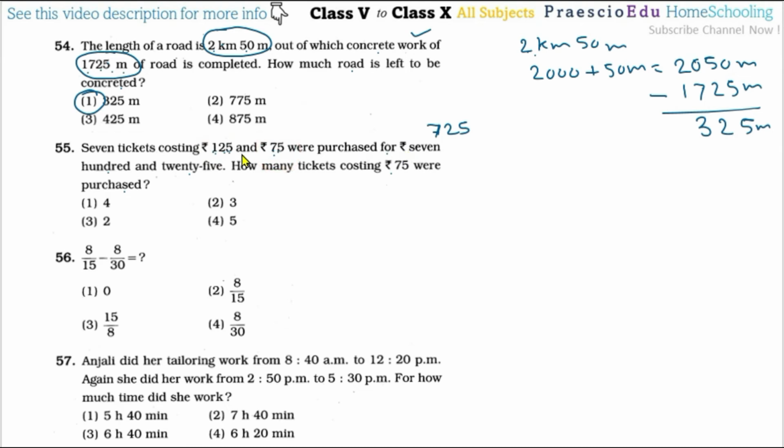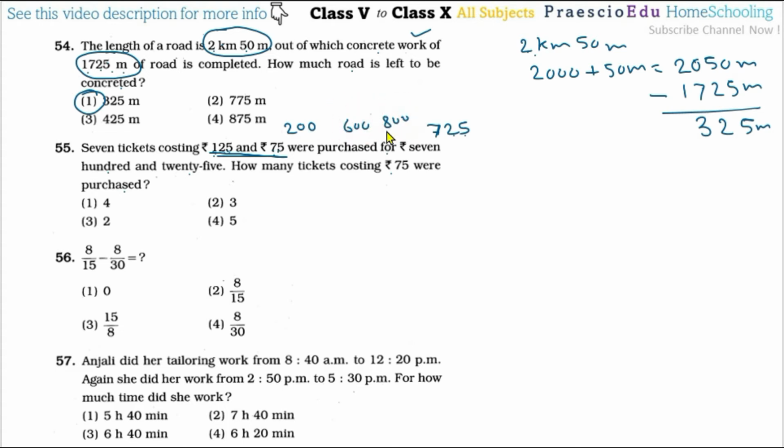After purchasing a total of 7 tickets, we don't know how many tickets of 125 and how many of 75, but the total cost we know is 725. So suppose we add these two amounts, that will be 200, then 600 and then 800.